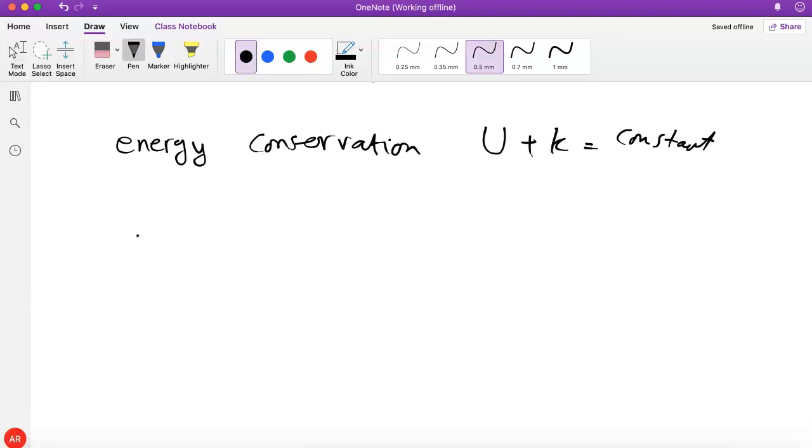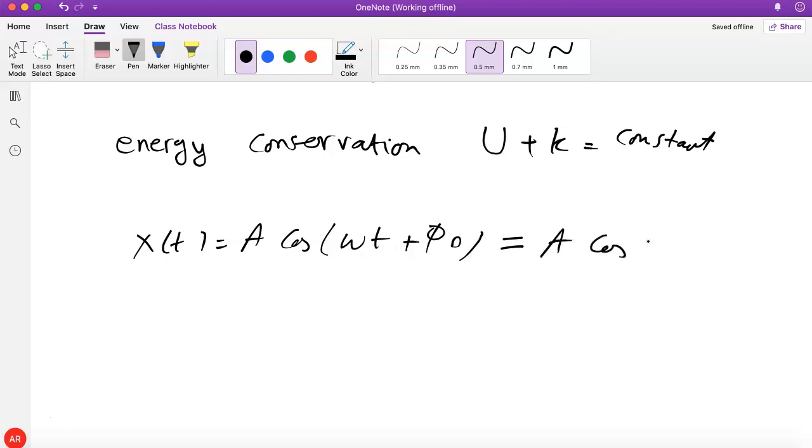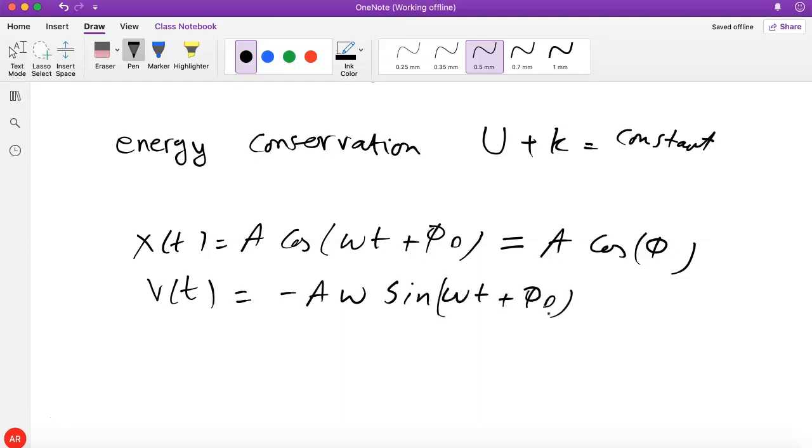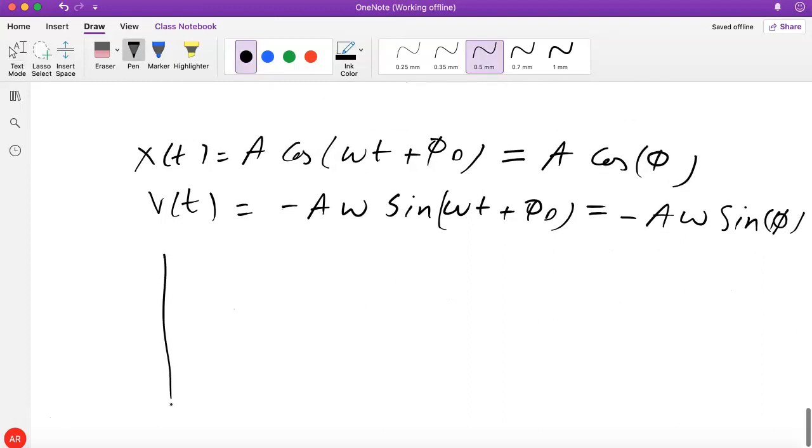We know, let's say, x of t is A cosine of omega t plus phi naught, and we can call this whole thing the phase. So that's the cosine of the phase, which is some linear function of time. And v of t is minus A omega sine of omega t plus phi naught, which is minus A omega sine of phi.